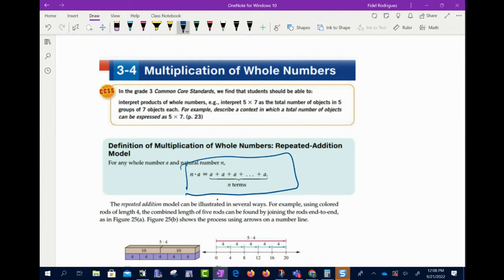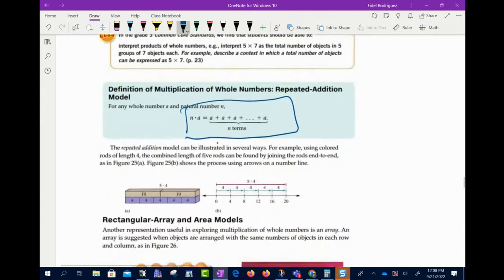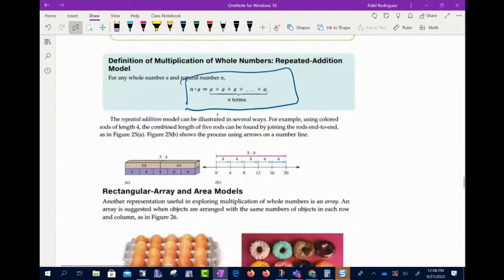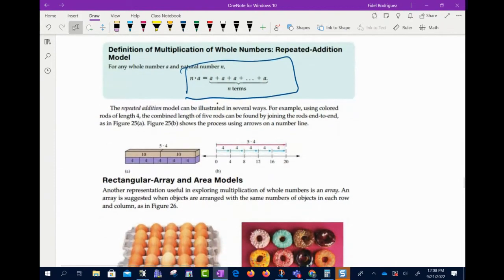It also says that the repeated addition model can be illustrated in several ways. For example, using colored rods of length 4, the combined length of 5 rods can be found by joining the rods end to end. Here we have rods of length 4, and a total of 5 of them, and that's why the total adds up to 20.